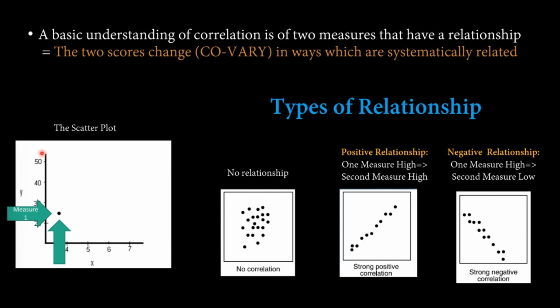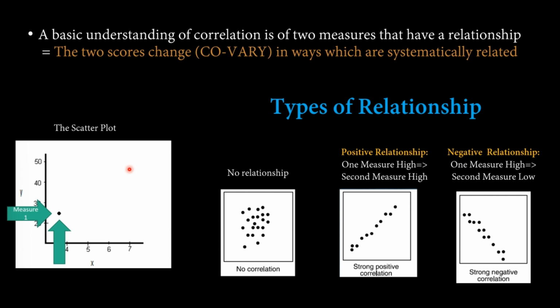On the horizontal side, I have one variable, and on the vertical, I have the other variable. This point represents the meeting point between variable 1 and variable 2. So if we map out all the scores from all the students by making points like this, let's say this student got 5 on one variable and 40 on the other, the point would be over here, or 50 on one and 7 on the other, the point would be here.